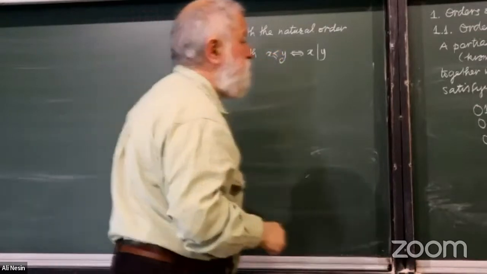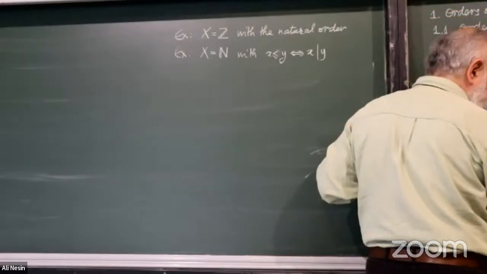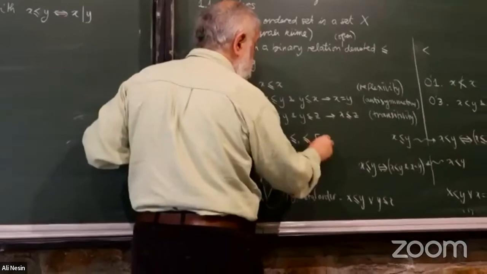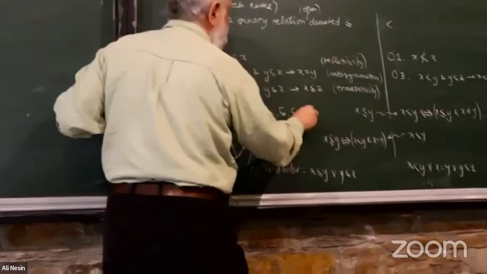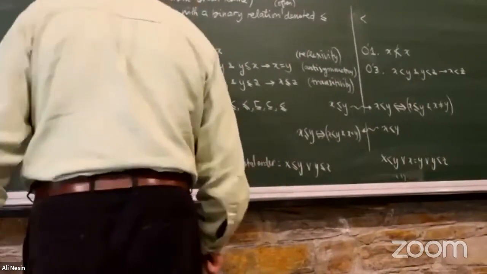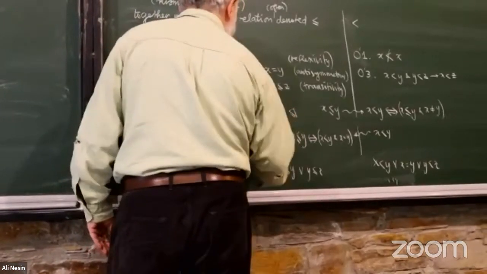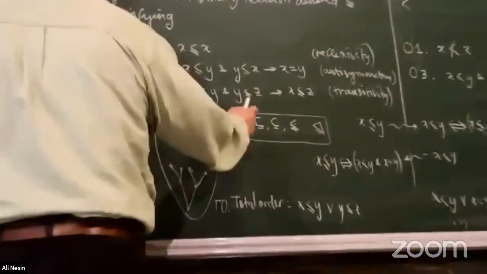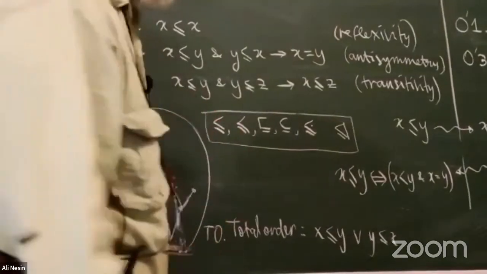Sometimes if there are several orderings, you can note the orderings like this, or like that, or like that. There are different notations for the orderings, for the binary relation x less than or equal to y.